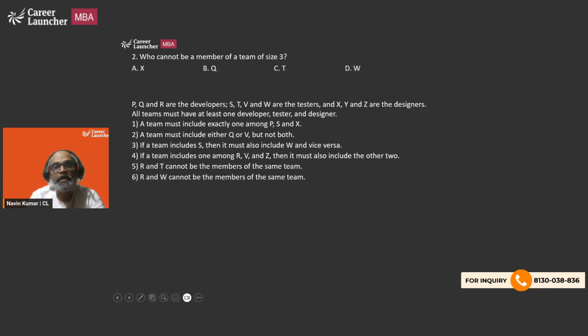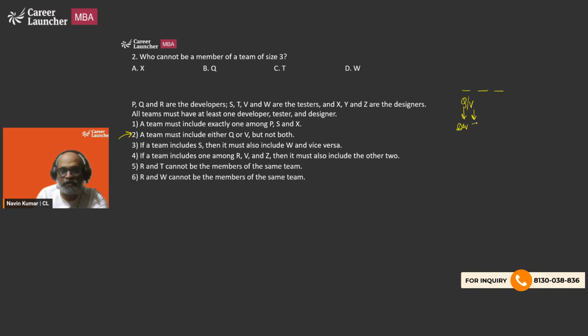Next, who cannot be a member of a team of size 3? So we need three people. Now, if you read the statements carefully, it says that a team must include Q or V, but not both. So one of them is going to be Q or V. If Q is there, that person is going to be a developer.